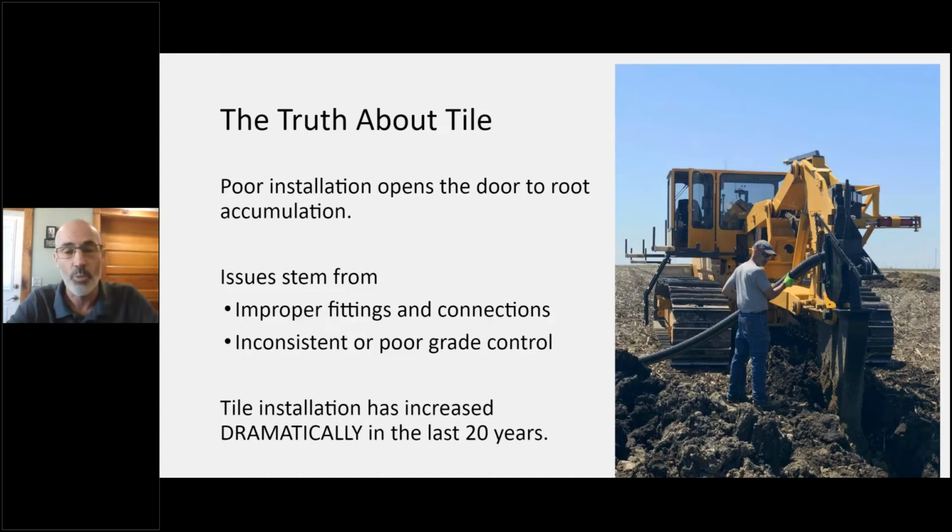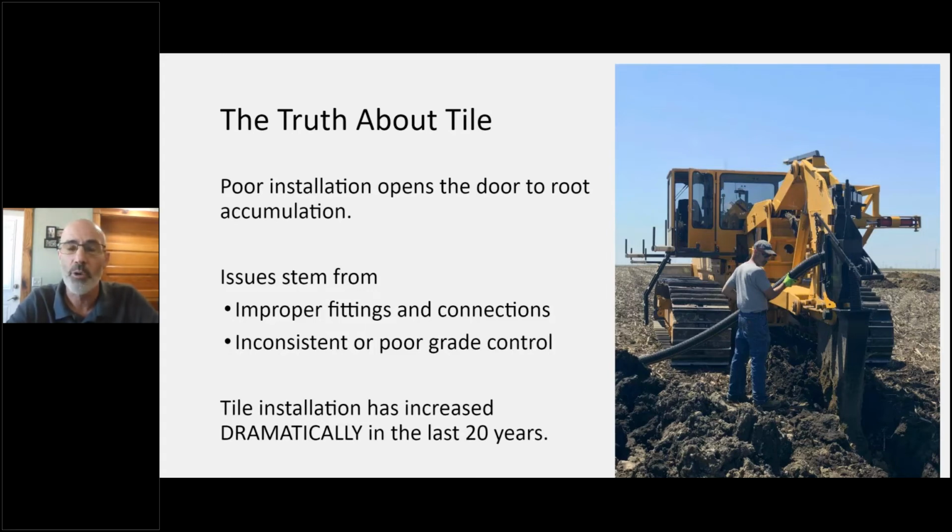The type of connections that we use on our farm with our installer is they will cut a hole into the tile main, and they will stick the tile itself into that main connection, only about 1 rib, but then we cement around that connection to seal it tight and to give it the strength that it would need. Because there's only 1 rib going into the main and it's going to be on the top side of that main, there's very little surface for any roots or any debris that would flow through that system to be able to catch onto.